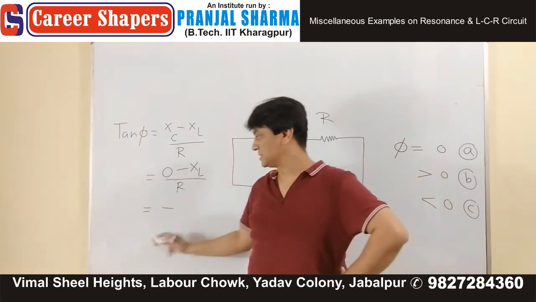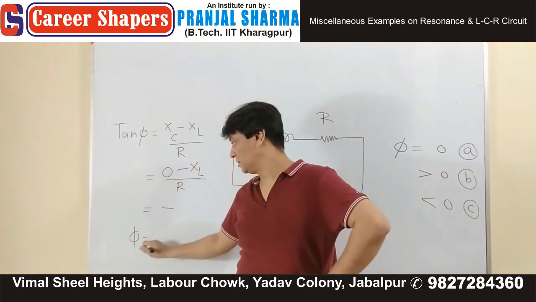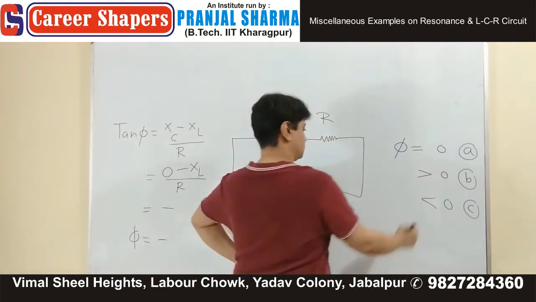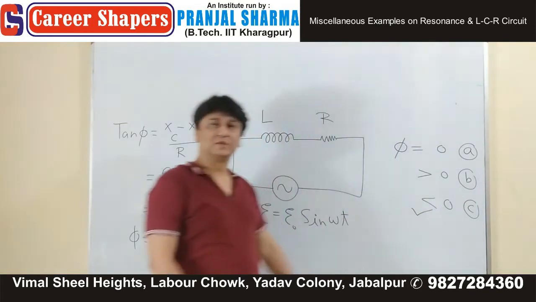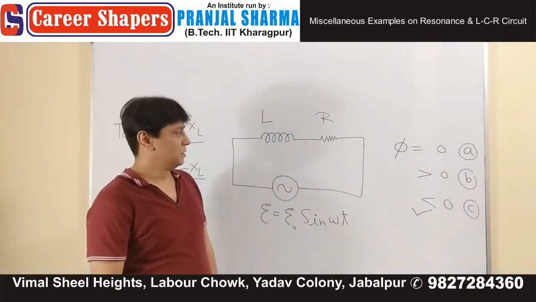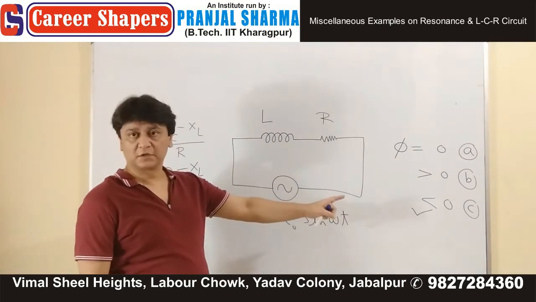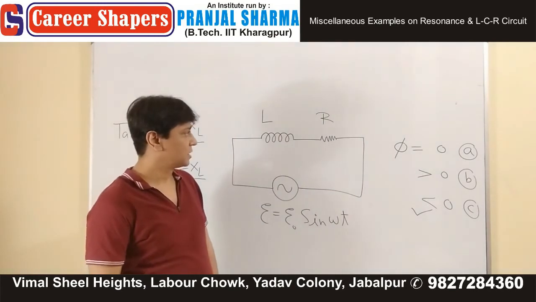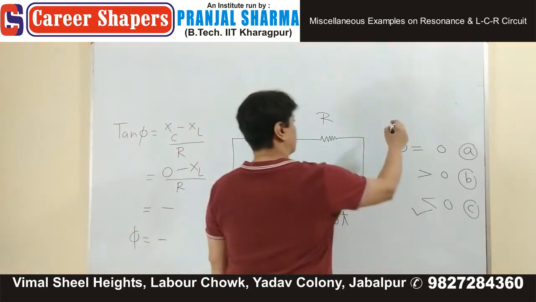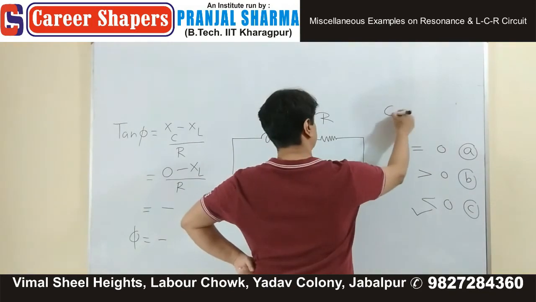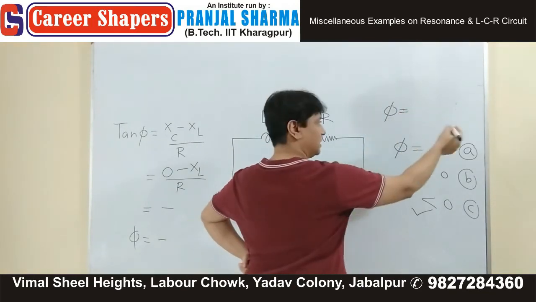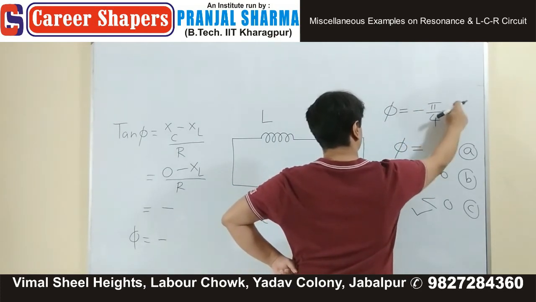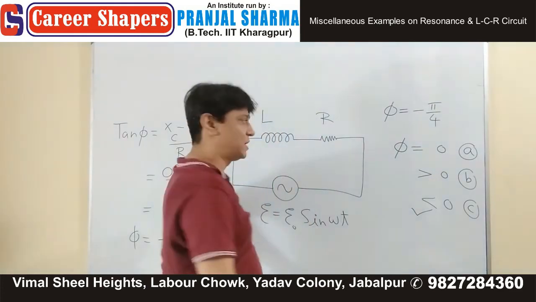If tan phi is negative, that means phi should also be negative, which means option C. That is the first thing you need to remember. Now, we have been told that phi is coming minus of pi by 4. First part of the question is over.